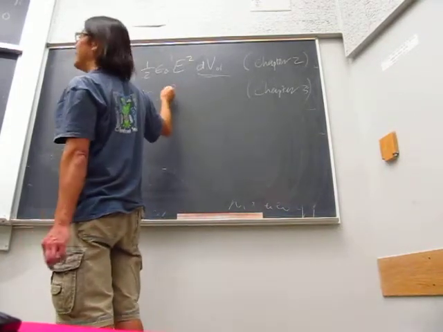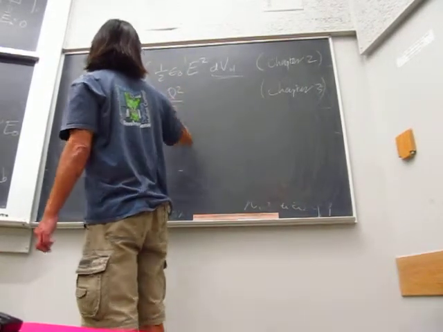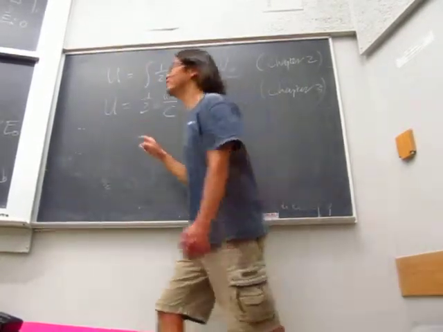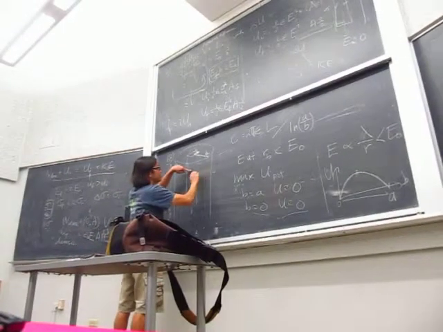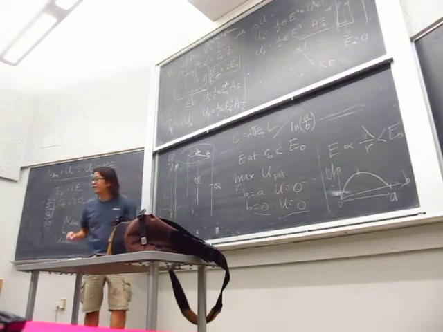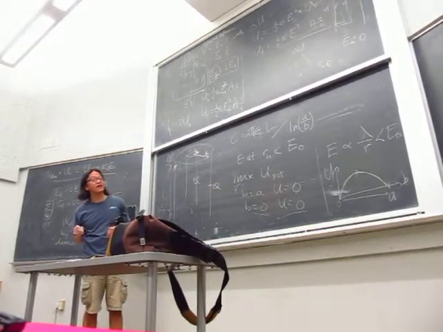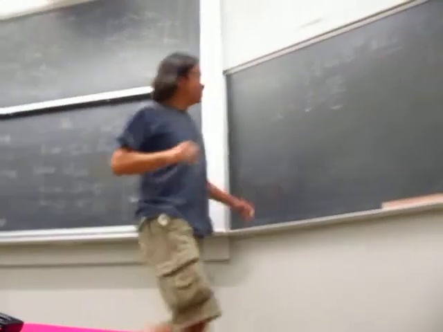But in this case, it's more natural to do it as Q squared over C, because what you're doing is you put a plus Q here, minus Q here. But either way, at the end of the day, it doesn't really matter. It's easier this way.